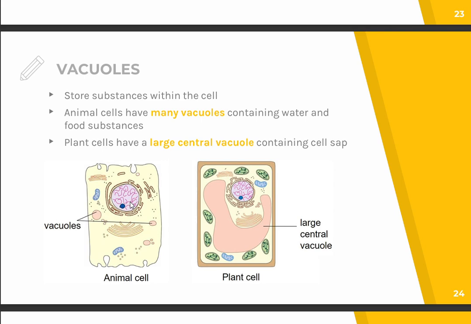Similarly, in animal and plant cells, you need some storing compartment, a storing room where you can keep all the extra chemicals you have. So in plant cells, you have a larger vacuole, but in animal cells, you have small vacuoles. This is the place where you can store your extra material.